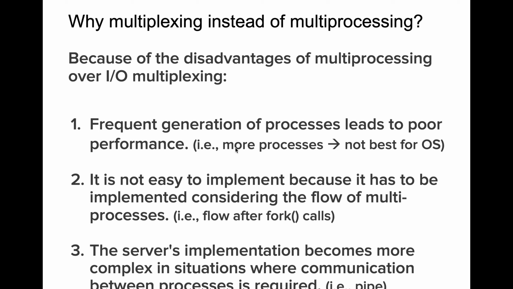That means the more processes you have, the worse it is for the operating system, because it has to handle more processes, and that degrades performance. It will be negligible, but still the better way to build networked applications is to use I/O multiplexing.